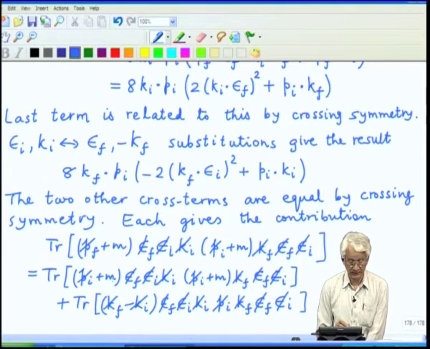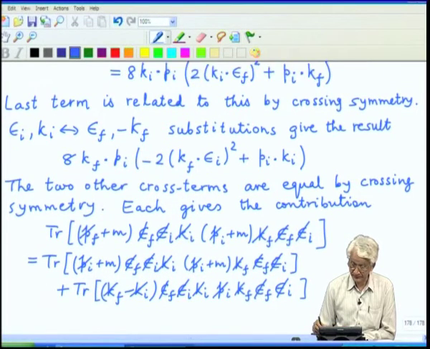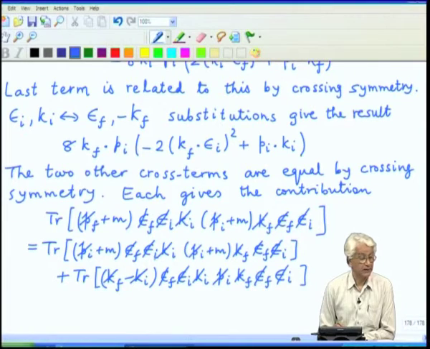In the other part, the mass still survives. So, this is the first step, and now the point is to get these various objects simplified in some combination or the other.